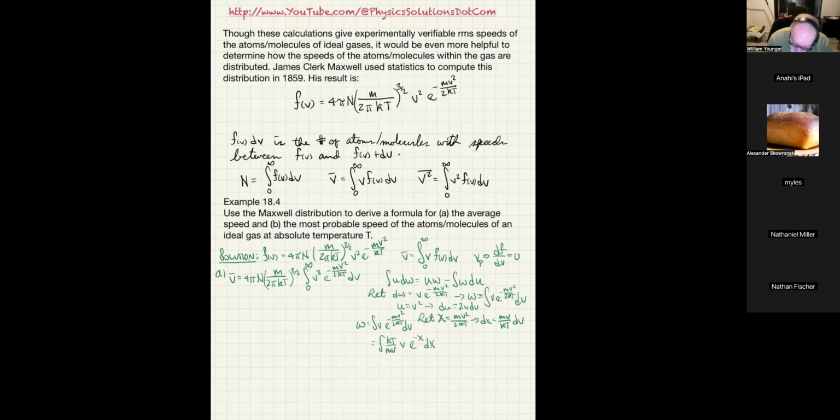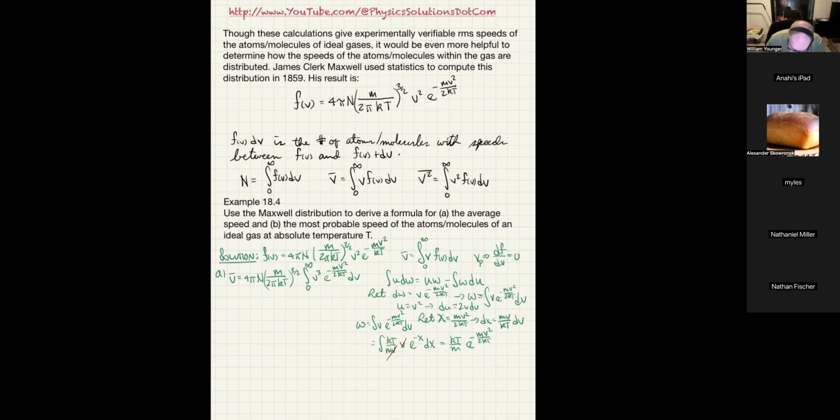Now notice the v's actually cancel out, and we just get the integral of e to the negative x, which is super easy. It ends up becoming e to the negative x, but we have times kt over m. Now I'm replacing the x with mv squared over 2kt. It would be plus a constant, but that's the actual omega that I have in my integration by parts.